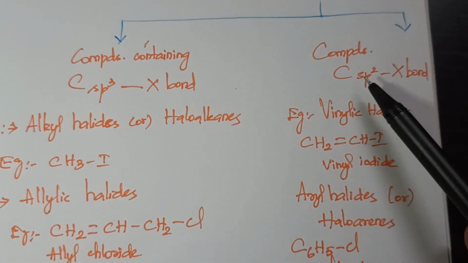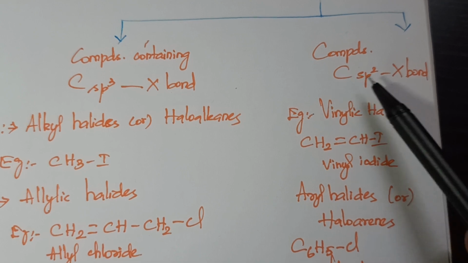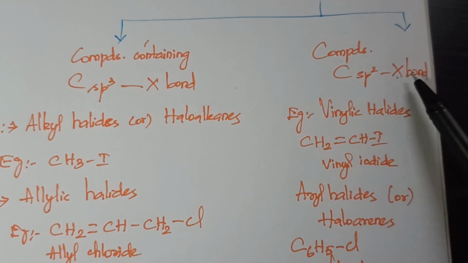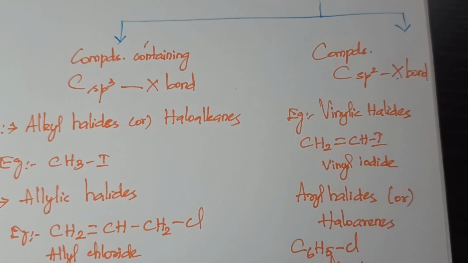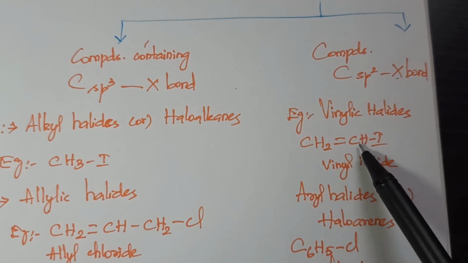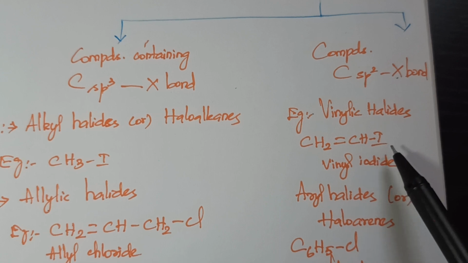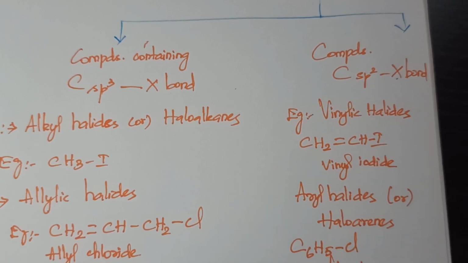Next are compounds with sp2 carbon attached to halogen, that is the carbon which has a double bond and is attached to a halogen. For example, vinyl halide.